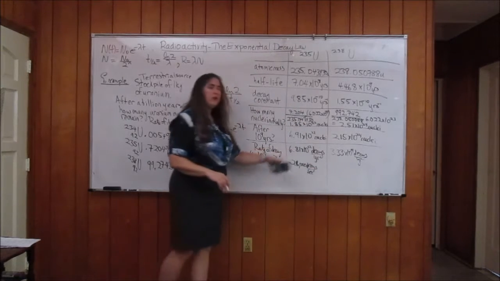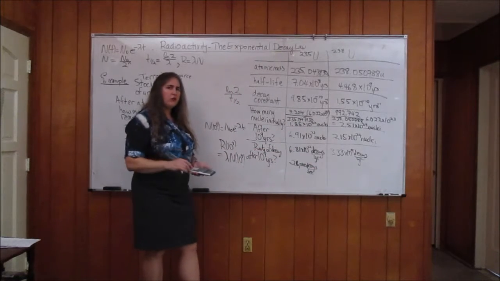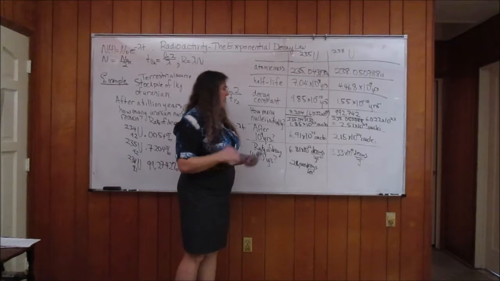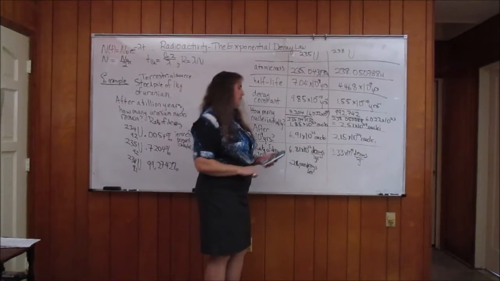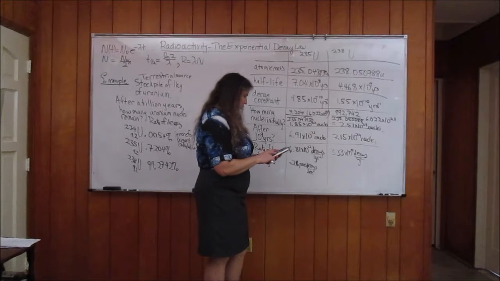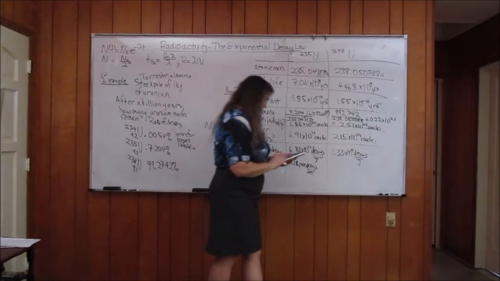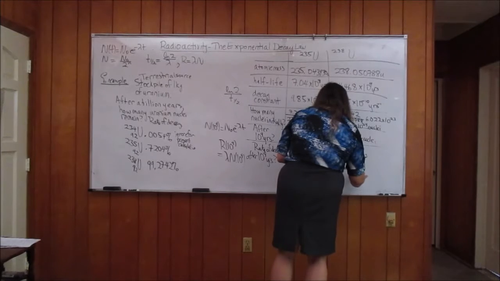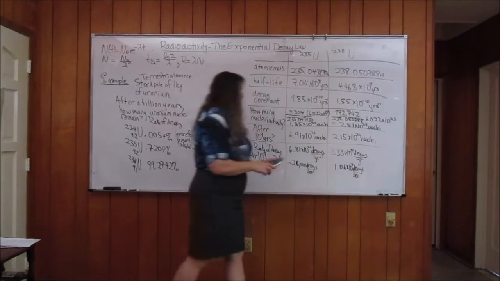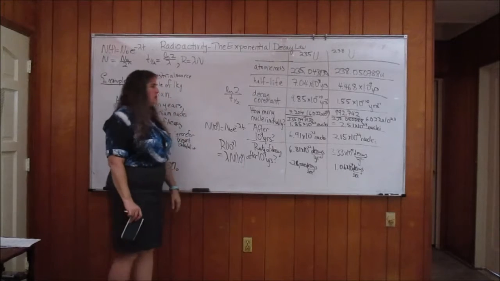Here, remember to convert, you're just going to divide by 365 days, 24 hours in a day, and 3,600 seconds in an hour. That would be 1.06 times 10 to the 7th decays per second.